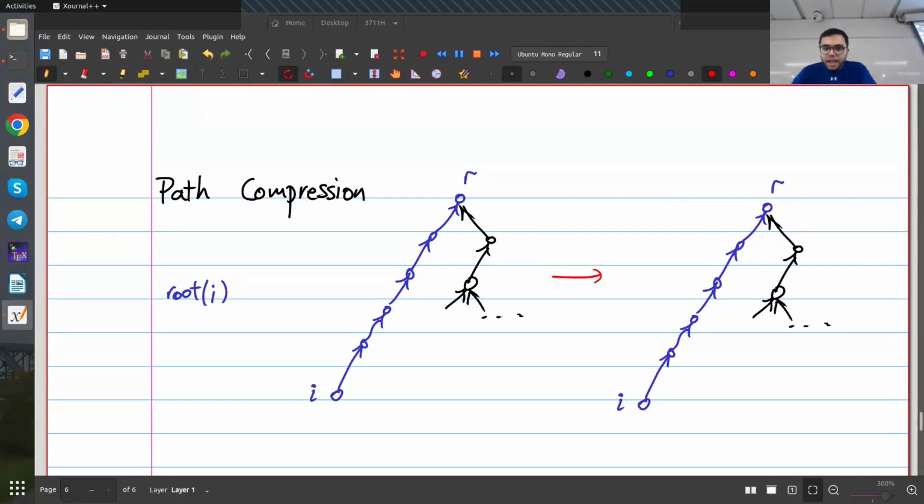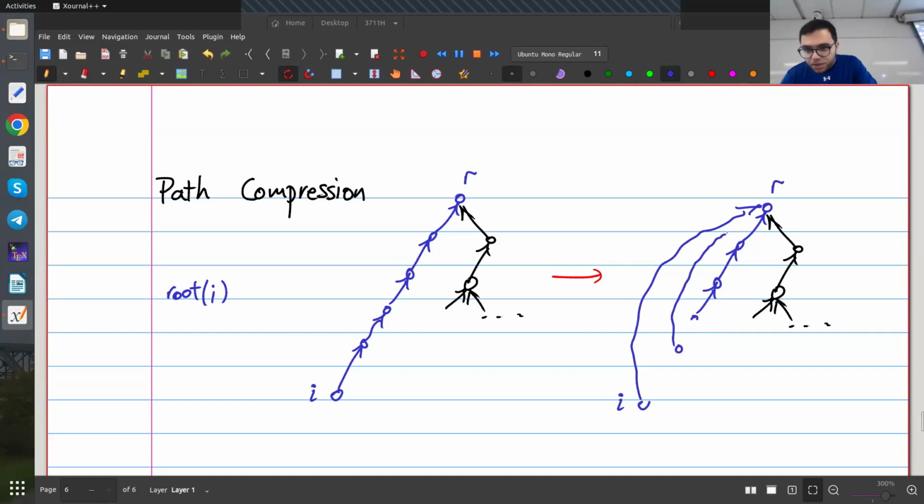I say vertex i, I know that your root is R, so now your parent is R. So you're going to be connected directly to R. Now this vertex, which was the previous parent of i, again, I know that it's in the same tree, and all I care about is which vertices are in this tree. So I can connect this one also directly to the root. And basically, I do the same thing for all of these vertices. I connect all of them directly to the root. How many were they? 1, 2, 3, 4, 5.